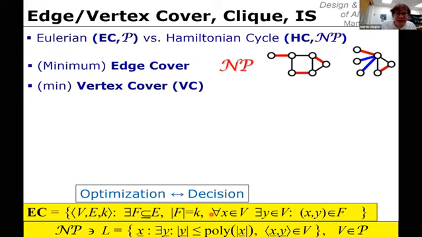Again, that's something that can be verified very easily. And the final condition also is polynomial time verifiable.